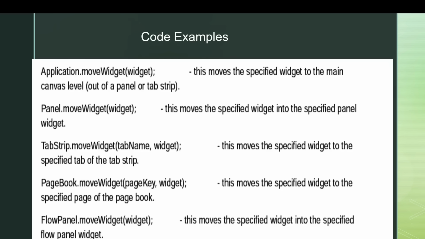In this command we can specify the page key, and the widget which moves onto the particular page of the pagebook object. Last but not least, flow panel. Flow panel dot move widget is used to move the widget from anywhere to any flow panel.